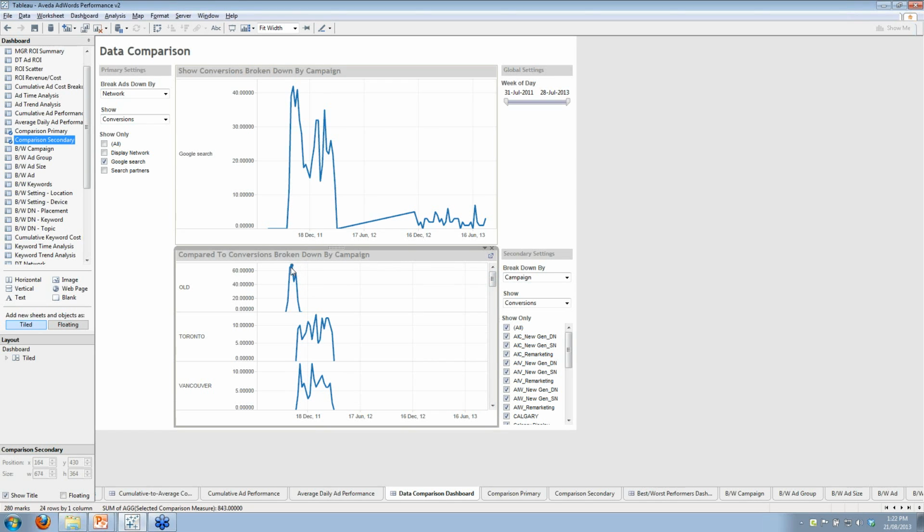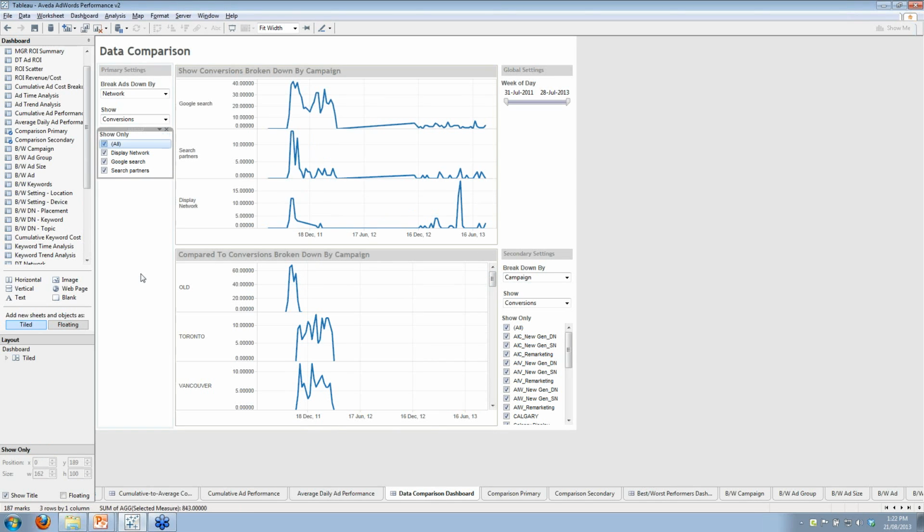They are not adding up because I had filtered down on the network involved, so let me put all the networks back together. The sum total, 12 plus 14 plus 41, is about 70-some conversions, and a large chunk of those came from this one campaign.